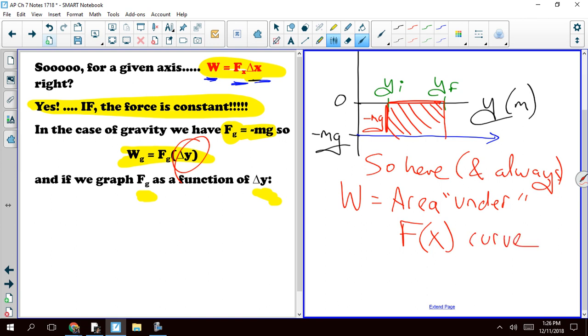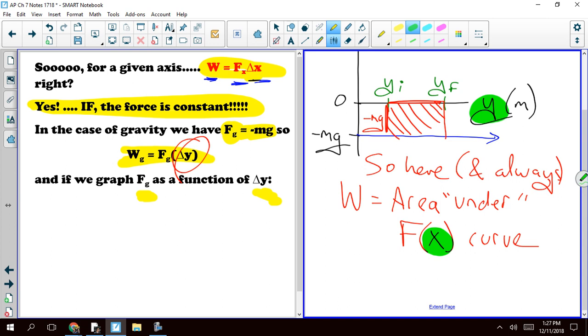Let me talk about 2 things here. First of all, position, I mean generically. In the case of gravity, our position is actually y. And when I say the area under, one of the things we talk about in calculus is that when you find the area under a curve, what you're really doing is finding the area between the curve and the horizontal axis.